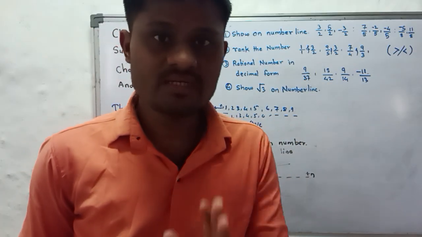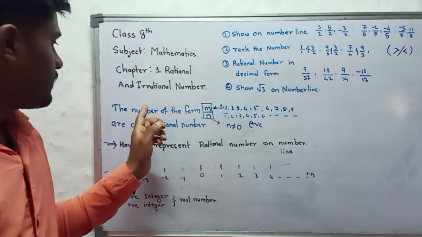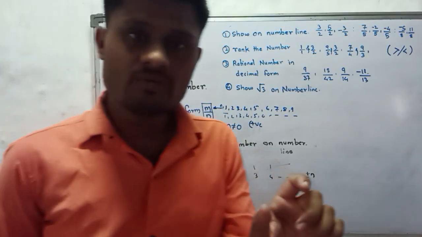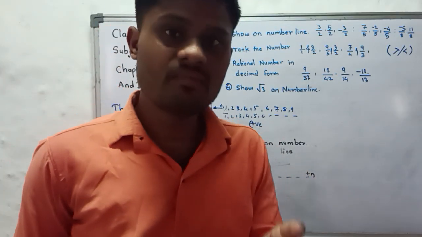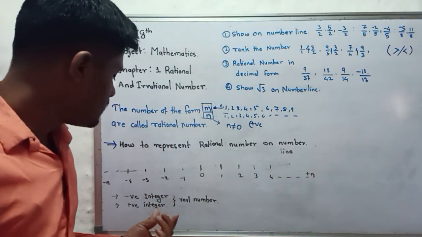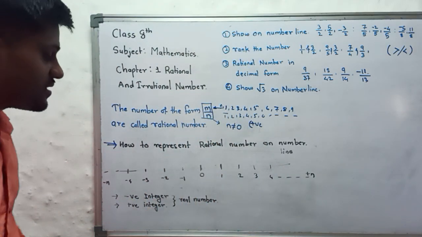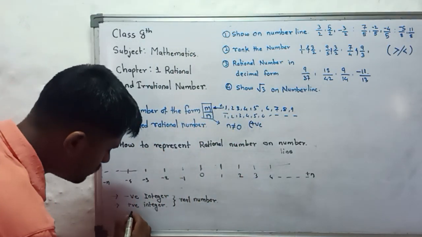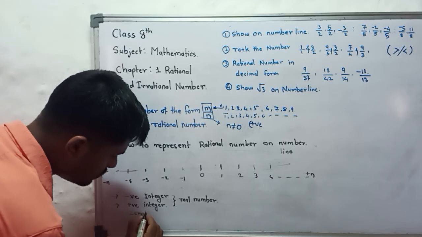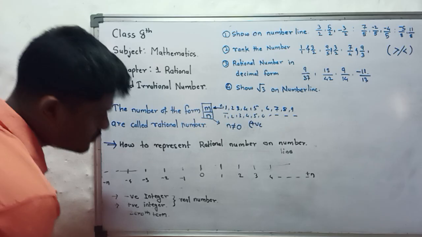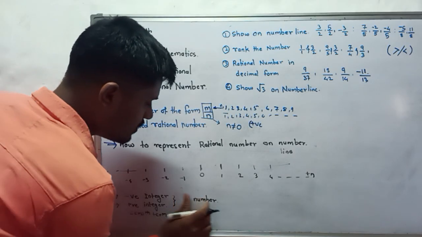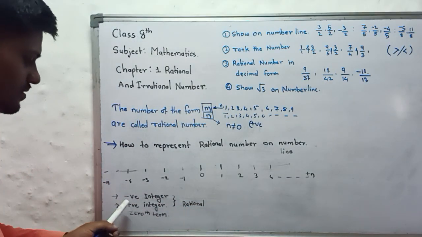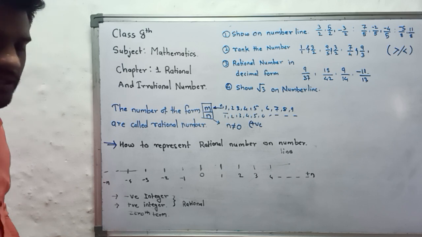The numbers which can be represented in the form m by n we call rational numbers, and those real numbers we cannot represent in the form m by n we call irrational numbers. In rational numbers we can create sets: the first is positive integers, the second is negative integers, and the term which is neither positive nor negative is called the zero term. So rational numbers can be formed into three groups: negative, positive, and the zero term.